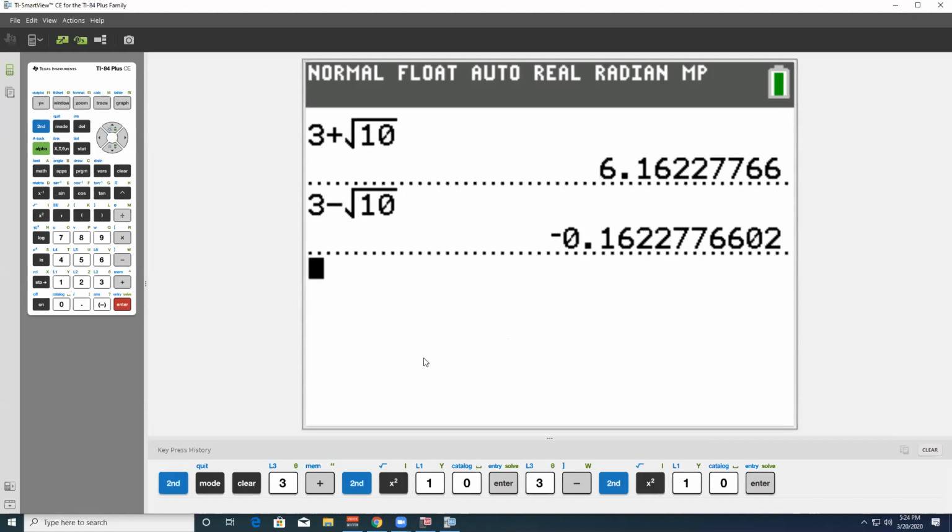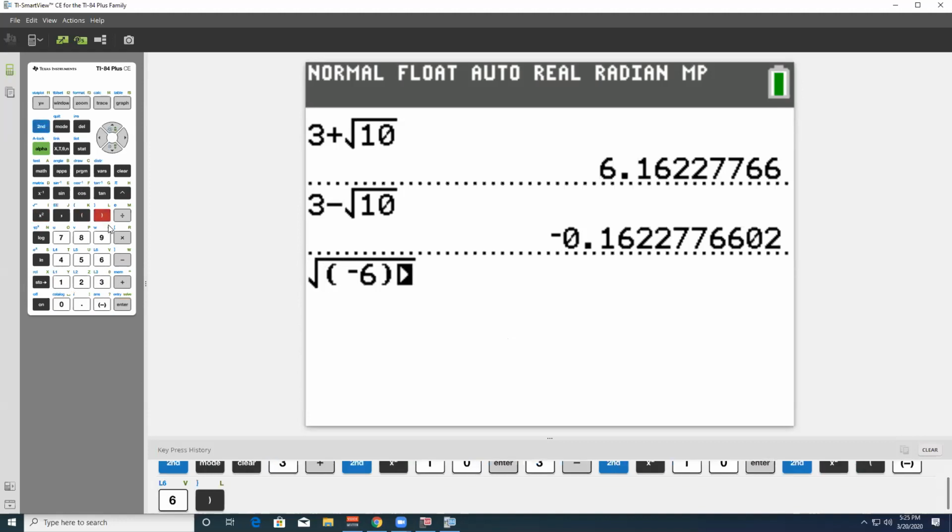Then the same thing, the square root work on the quadratic formula. Second, square root, parentheses, negative 6 squared minus. Remember when you put subtraction in, don't confuse it for this symbol down here. That is the negative symbol. Up here, that's the minus symbol. That's what you want. Don't make that mistake or your calculator will give you an error.